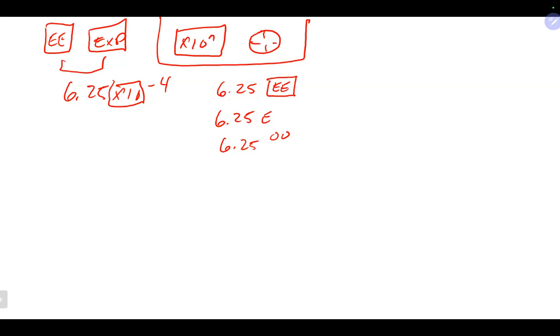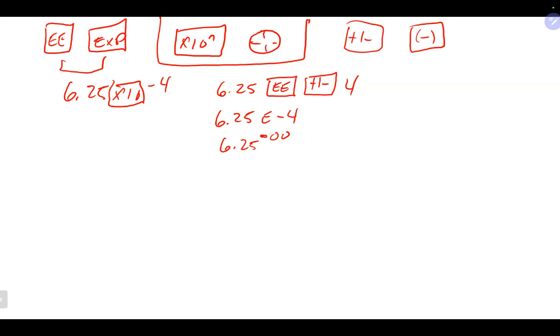So this is the button that you should use. What's left is just the -4 part of the number. You also have a negative button on your calculator. It usually looks either like this or like that, not your subtract button. So you would hit your negative button there, and 4, and that would give you -4.